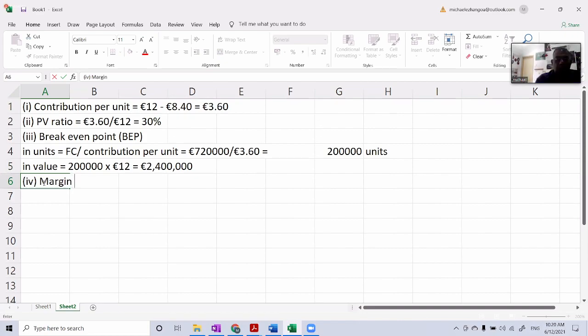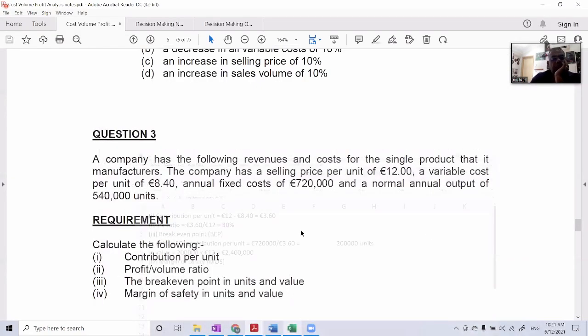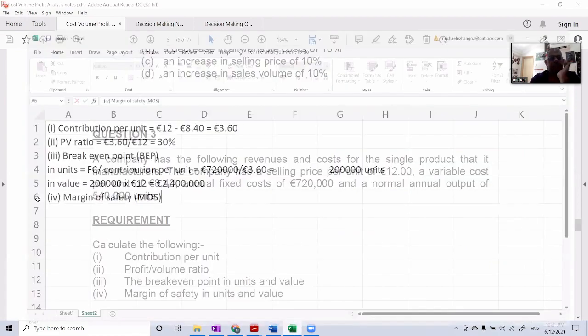And number 4, margin of safety, MOS. Now, your margin of safety would be in units and in value.